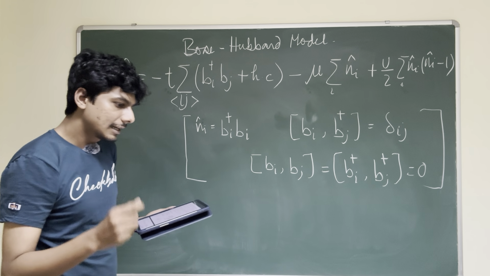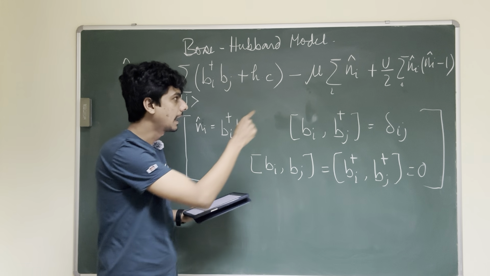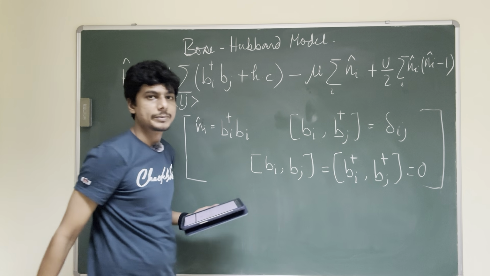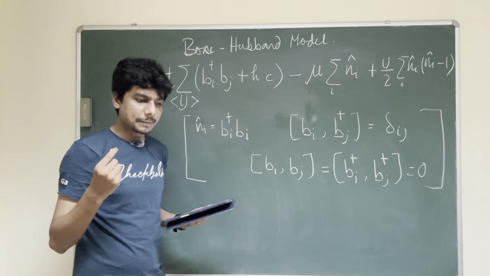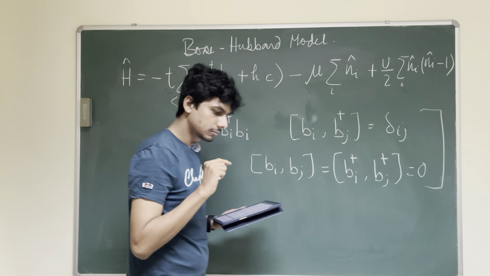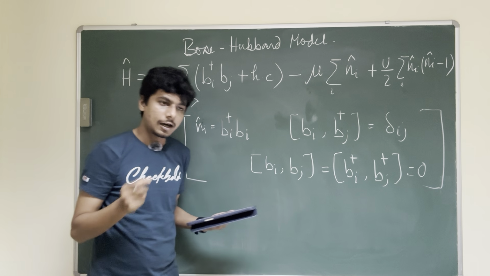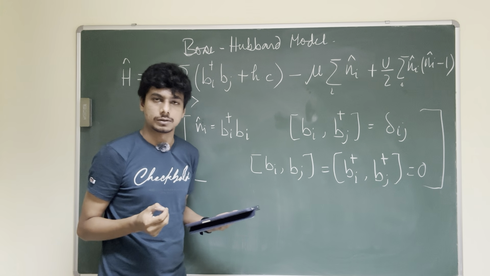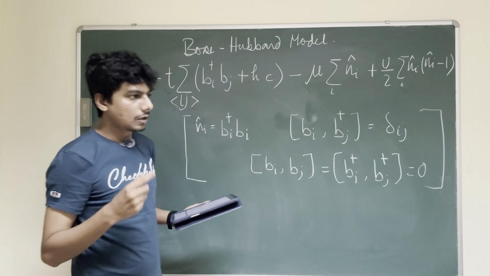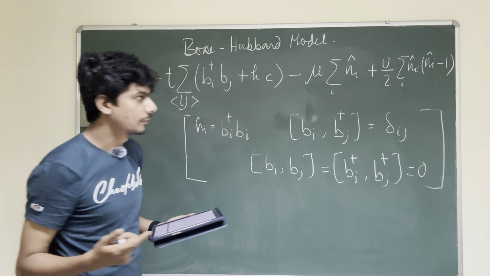So that can be controlled by this parameter, which is the chemical potential. And this parameter controls how the whole lattice is to be filled by the bosons, so it controls the occupation number density.